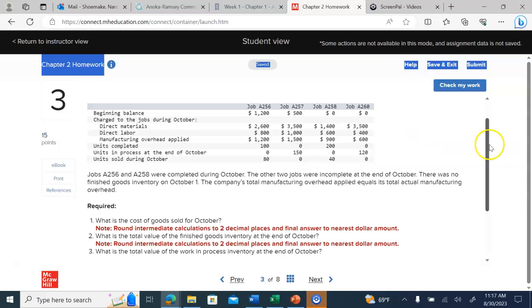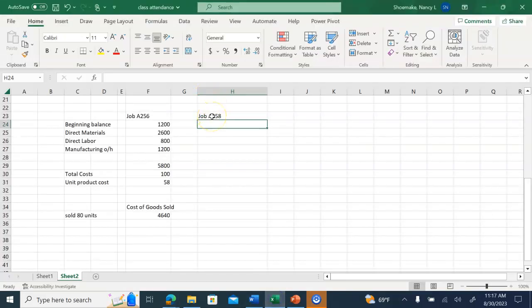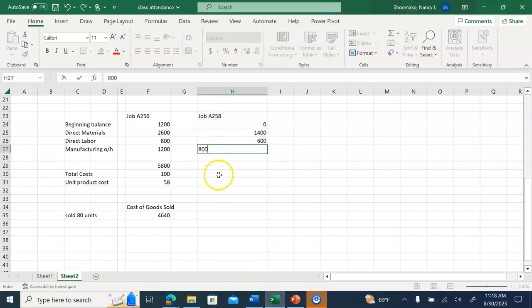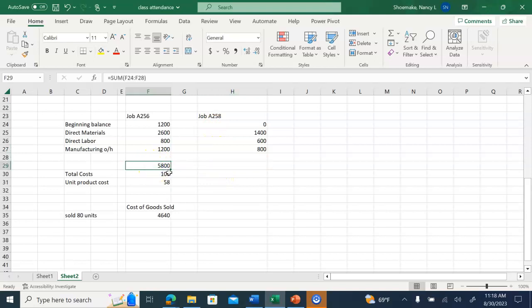For that job. Let's look at job A258. We started with 0 beginning balance. We had 1,400 of direct materials, 600 of direct labor, 900 of manufacturing overhead. Is that right?